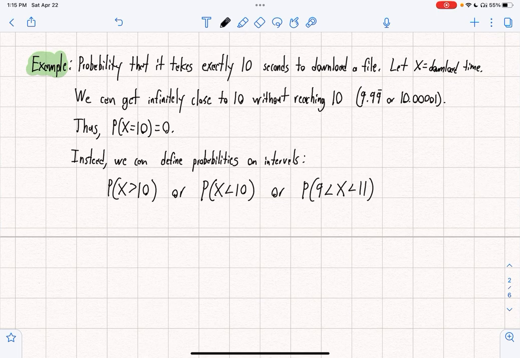In all of these cases, these probabilities will now be greater than or equal to 0. When we define this probability as equal to one single value, x equal to 10, we're saying that is always, without fail, equal to 0. So to get around that, we're going to define probabilities on intervals. We could say x bigger than 10, less than 10, between two values, in this case 9 and 11. And here we can actually find probabilities that are not 0.